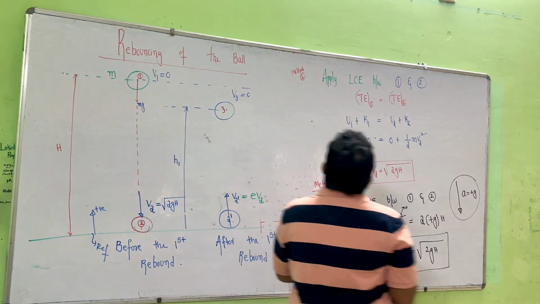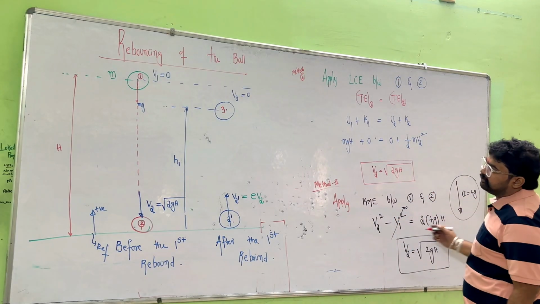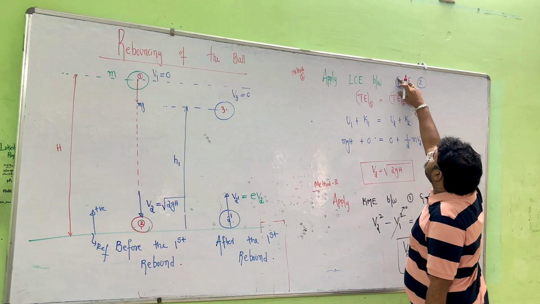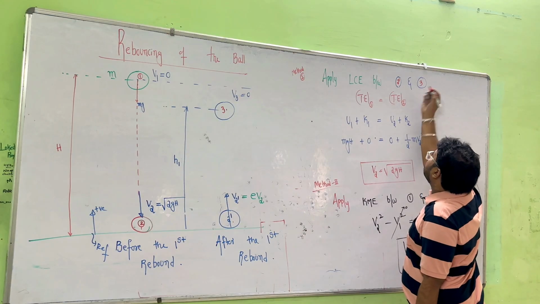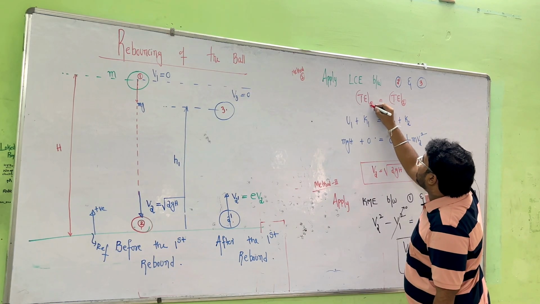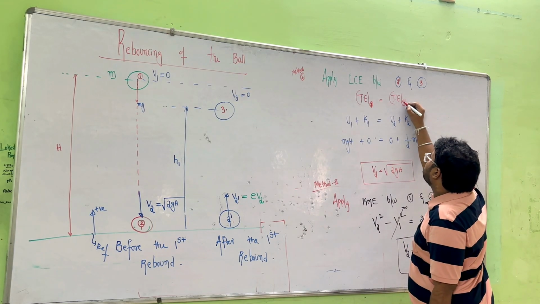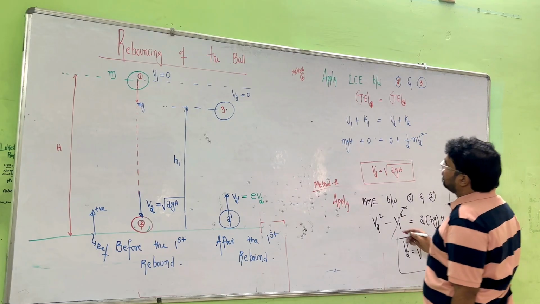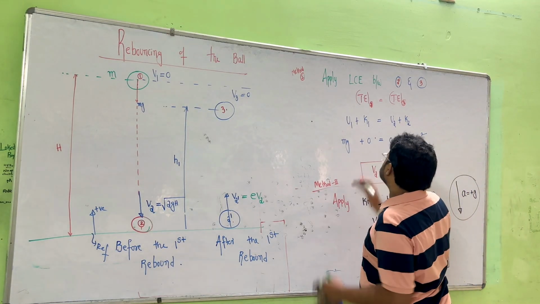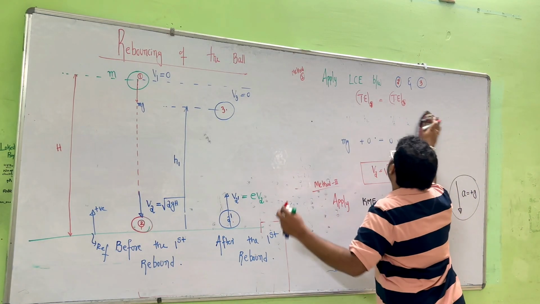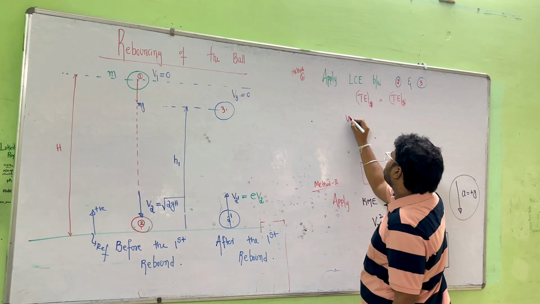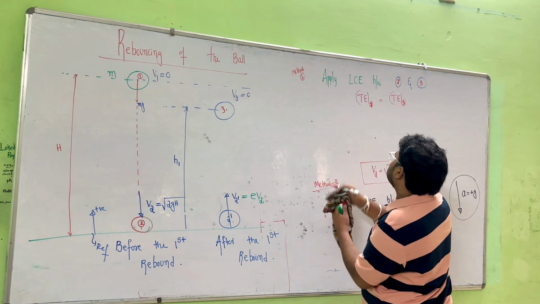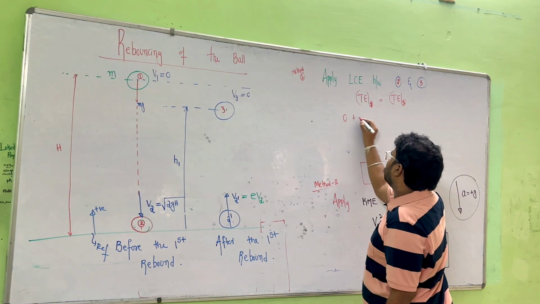Now what will you get? Apply the kinematic equation between 2 dash and 3. What is the potential energy at 2 dash? 0.